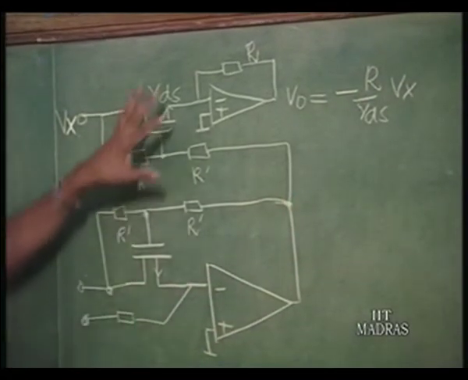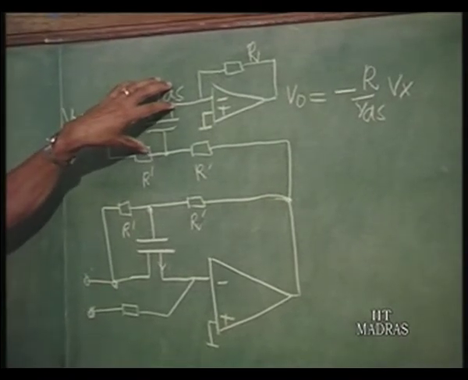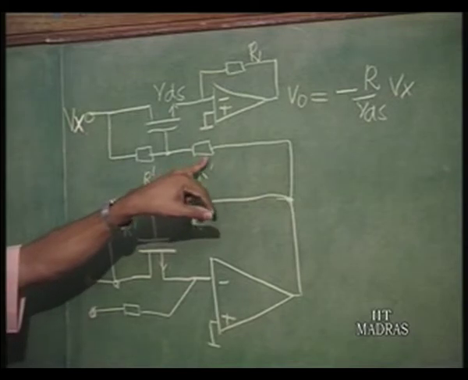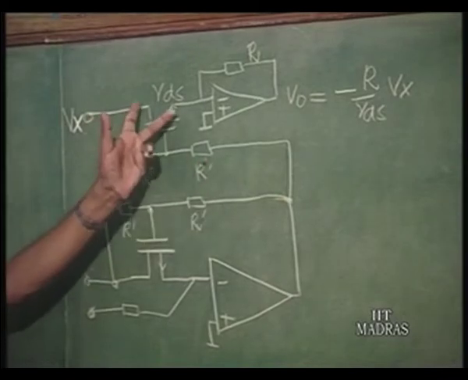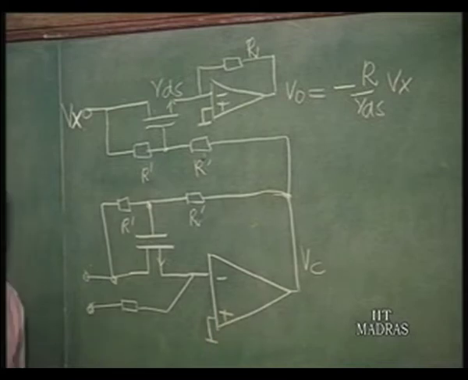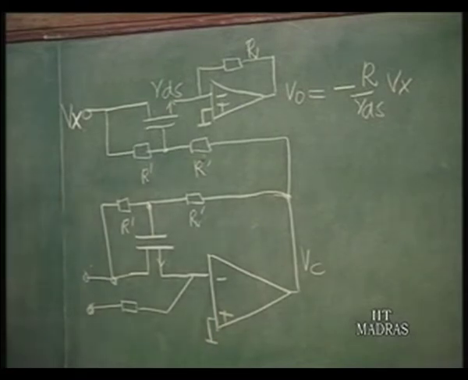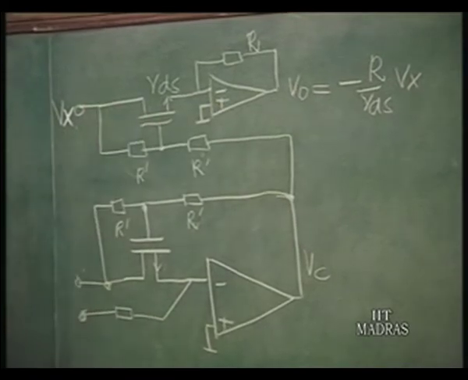This field effect transistor is used once again in the triode region, and these are the two resistors which are coming as linearizing resistors, which will give you VDS by 2 in addition to the control voltage Vc by 2. So, this is for linearizing. V naught is equal to minus R by RDS into Vx.